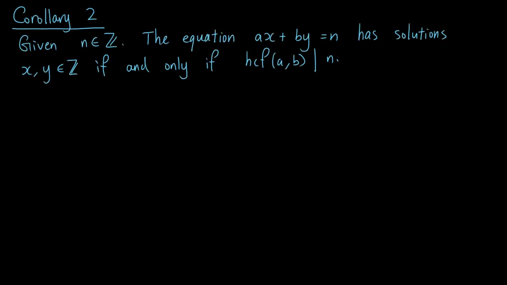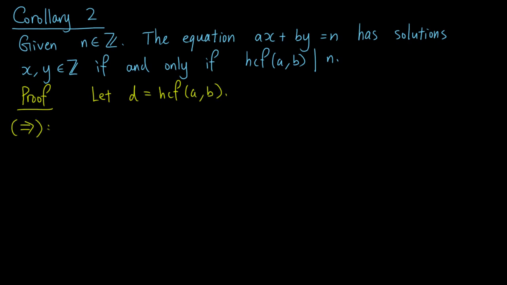The second corollary is the following. Suppose we have an integer n. The equation ax plus by equals n has integer solutions x and y if and only if the HCF of A and B divides n. To prove this, we let D equal the HCF of A and B, to simplify the notation.